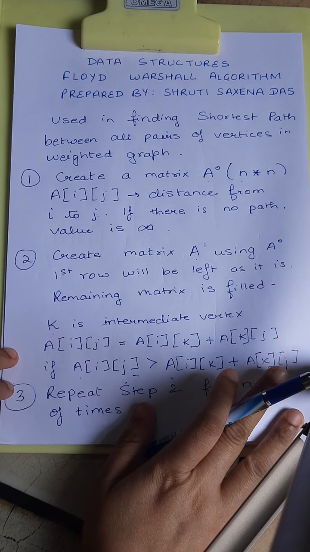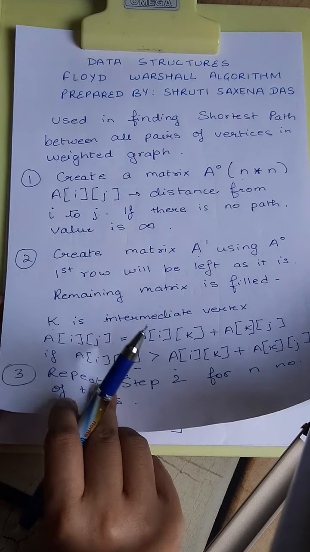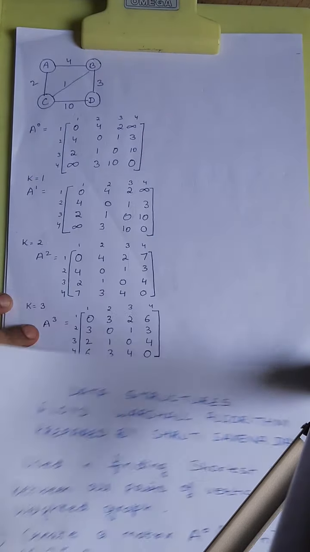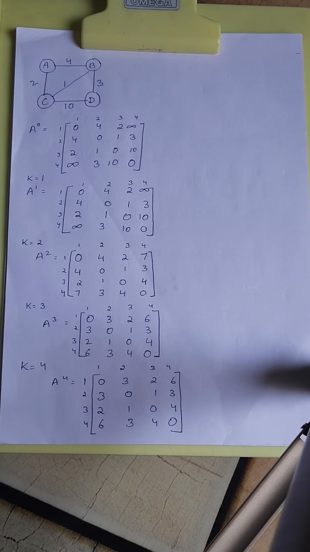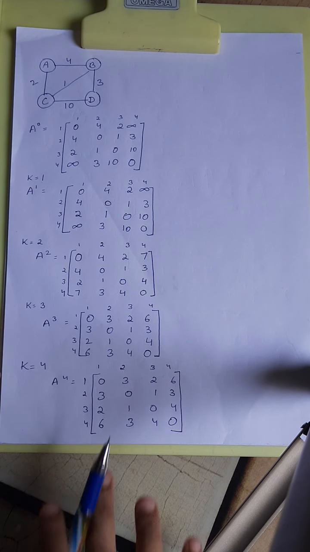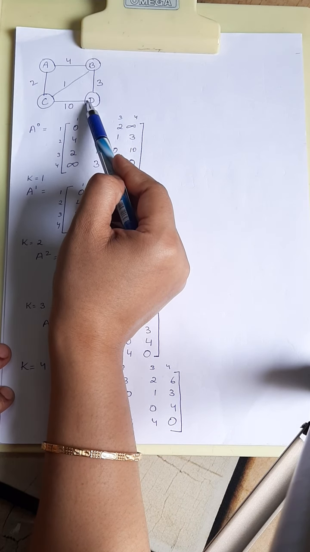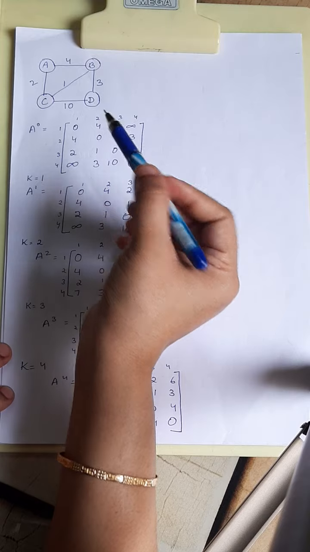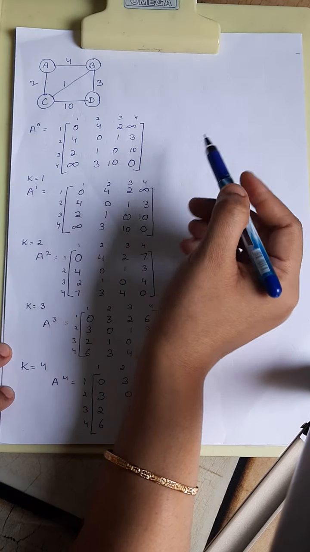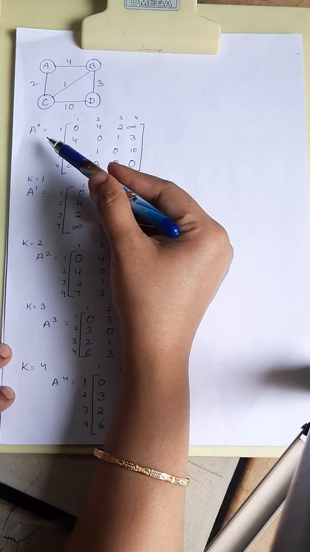Now we will discuss the example. Example I have already written. I'll explain how you are getting these values. See the graph which we have taken. Here we are having 4 vertices, 4 nodes A, B, C, D. So first of all, the first step says that you have to calculate the adjacency matrix.